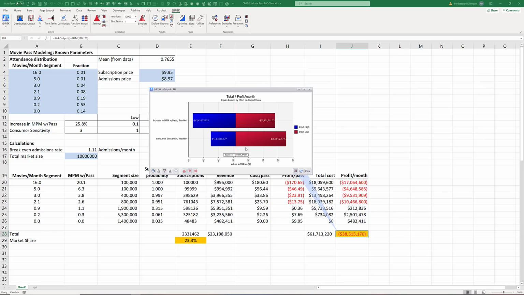In other words, this tornado map tells us which input variable contributes to the largest variability in your output. It's a kind of risk hierarchy. This increase in movie going rate is the one that results in the maximum amount of variability in profit, so that is very sensitive in terms of affecting your profitability. Then the next one is consumer sensitivity.